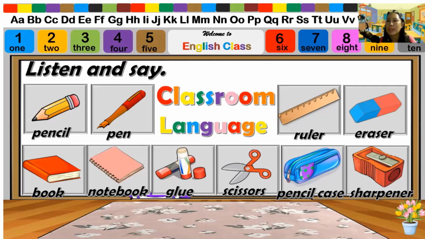Like for example, I don't have any pencil. I don't have any glue. That's how we say no if we don't have. And when our friends say they don't have, we just say as an answer to them that it's okay. So we say never mind. It's the other way of saying it's okay. So it's okay or never mind. Right?